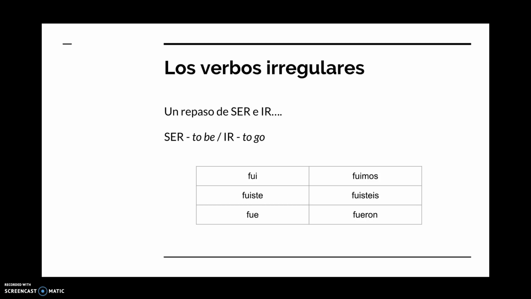The reason being that a lot of irregular verbs actually have a lot in common. They have an irregular stem, which means that the first part of the verb is irregular. You'll notice that hacer changes to hic, estar changes to estuv, tener changes to tuv, poder to pud, poner to pus, etc., etc.